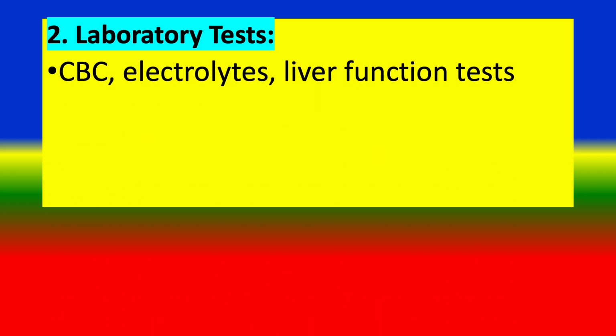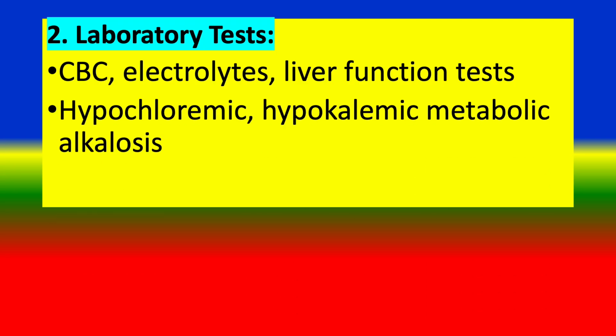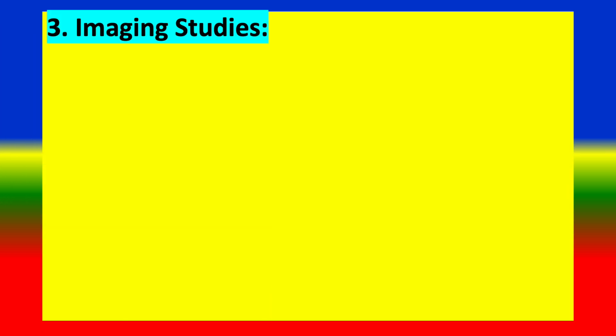Laboratory tests: CBC, electrolytes, liver function test, showing hypochloremic, hypokalemic metabolic alkalosis. 3.